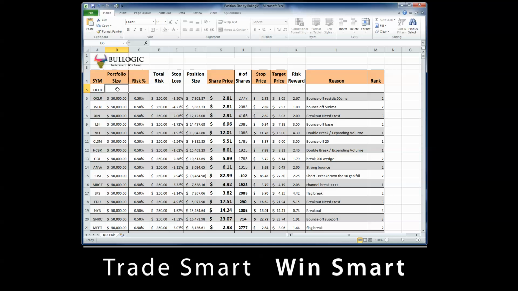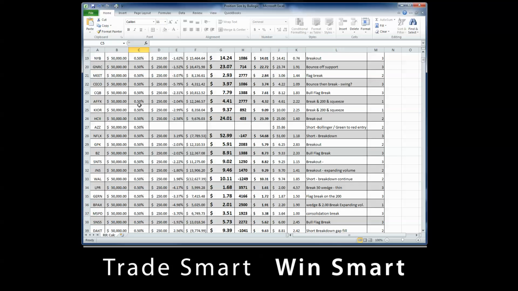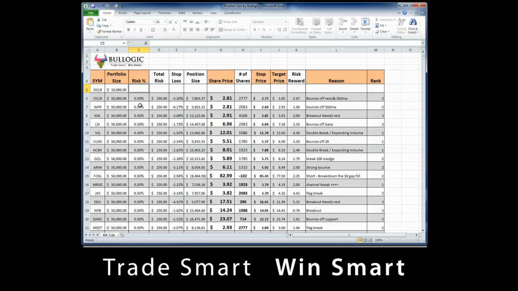So let's say that your portfolio is $10,000. So you plug your portfolio size in here, whatever it is. The next column is risk to the portfolio. So we want to manage our portfolio risk. As you can tell, for tomorrow, all my trades are going to be half positions.